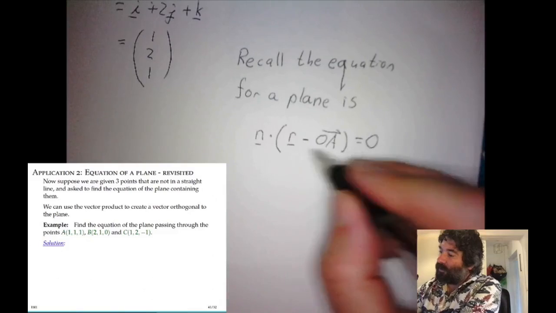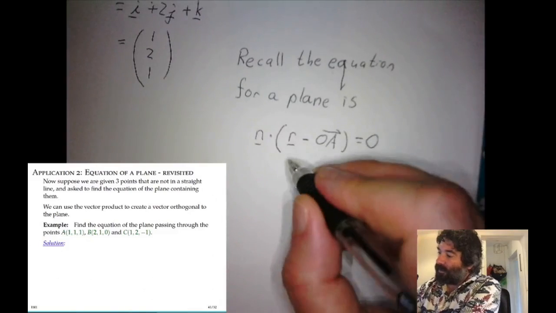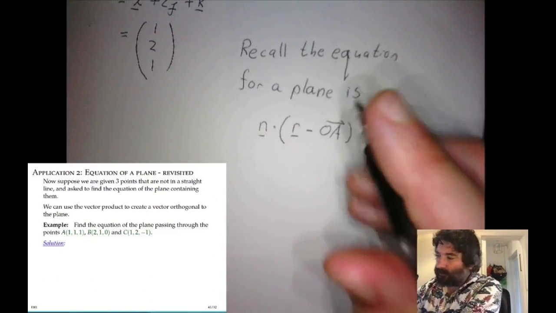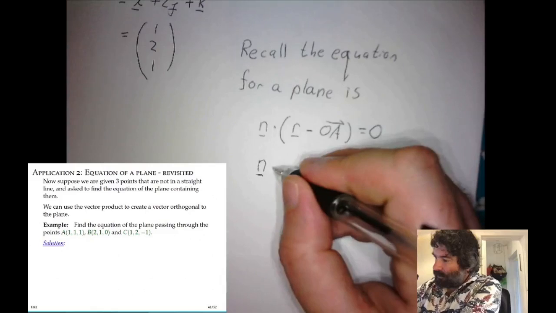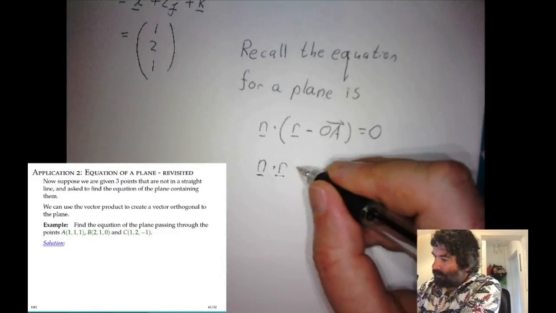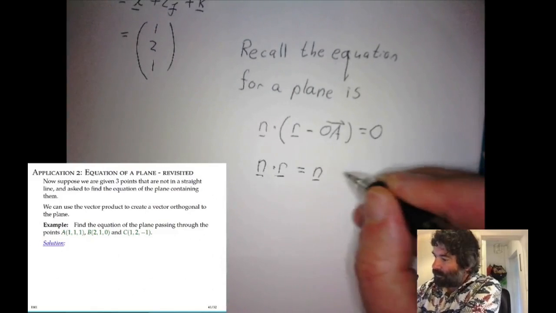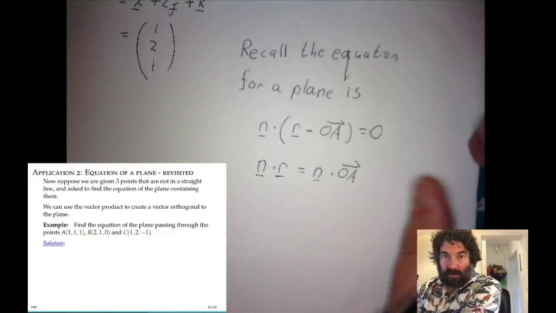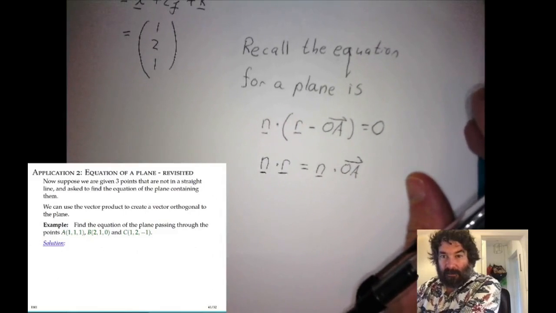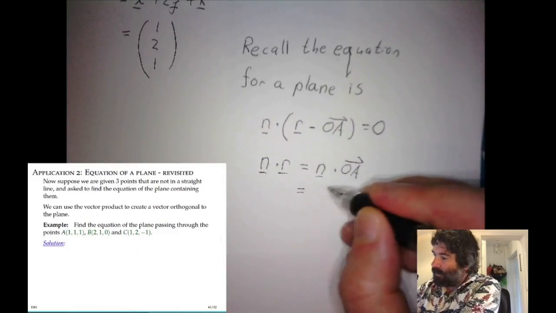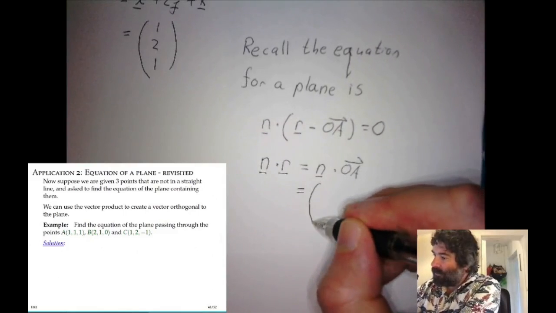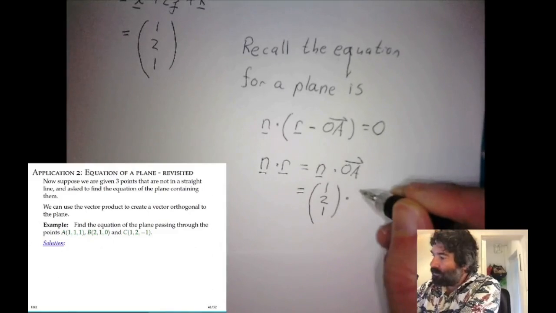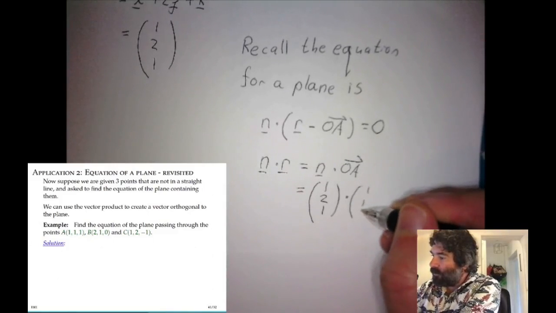So if we move the n dot with the position vector of a to the other side, we have that n dot r equals the normal vector dot product with the position vector of a. Right, and we've calculated already what n is, so n was 1, 2, 1, and the position vector of a was 1, 1, 1.